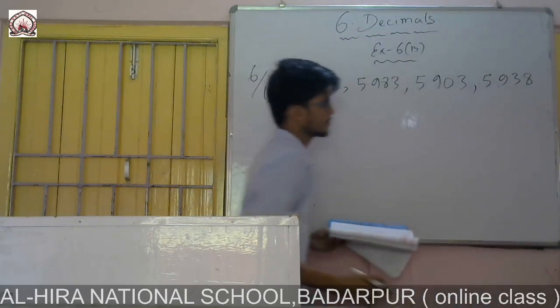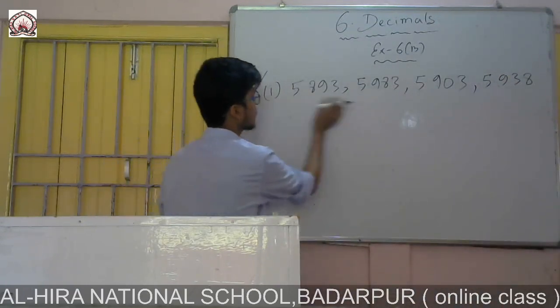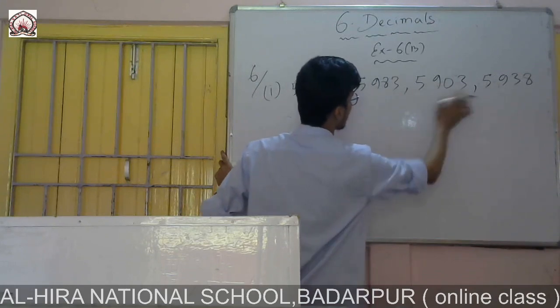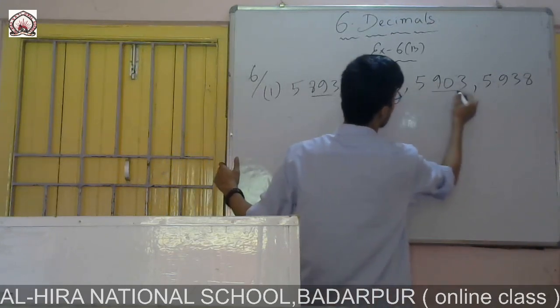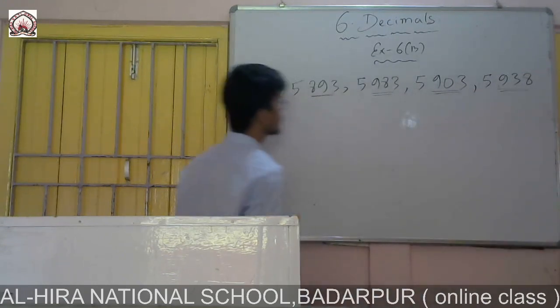So this natural part, all are same, the whole part is same. They are 5, they are 5, they are 5, they are 5. That means I have to match these parts only. So you see which one is greater here.